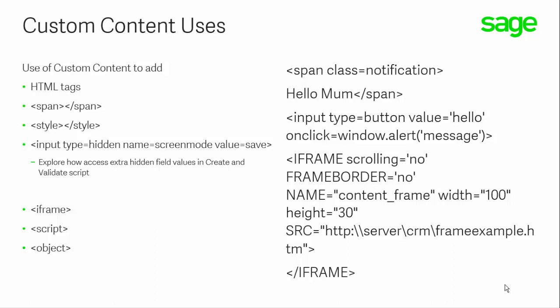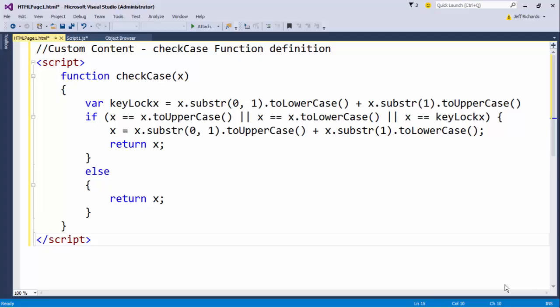Notice that we've got here a script tag. Now, the custom content most usefully can contain these script tags. This means that we can now define functions inside the custom content that can be used within on-change scripts or could be used to control other on-screen elements.